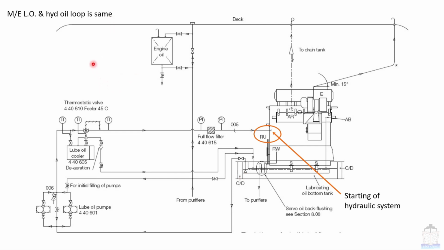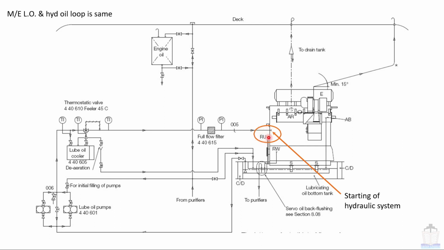Now this picture is depicting that the main engine lube oil and hydraulic oil loop is the same. This is the main sump. The oil is coming to these pumps. After that it is going to the cooler, and from the cooler it is going to the full flow filter, and this is the place where the bifurcation of hydraulic oil is taken. That means the branch is taken from this point. So here is written the starting of the hydraulic system.